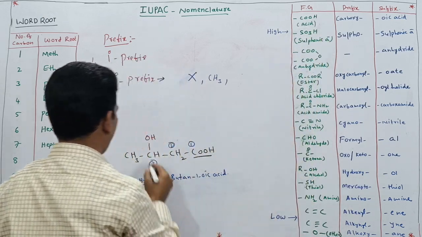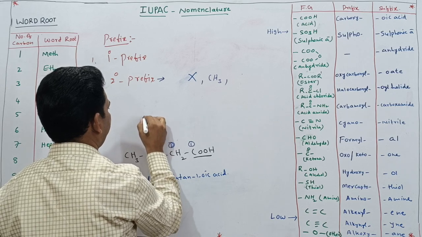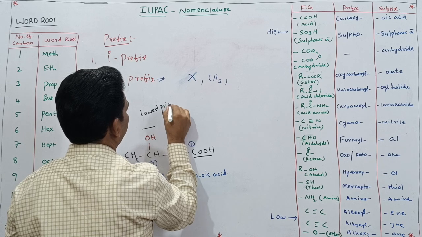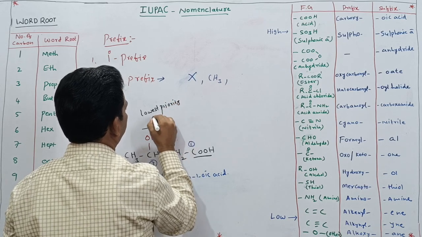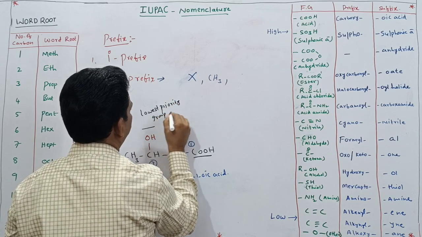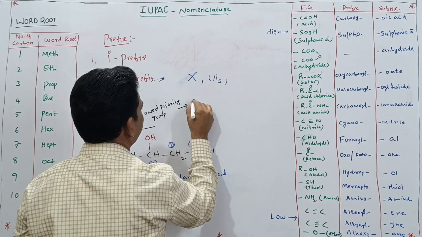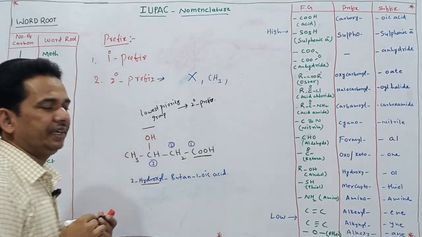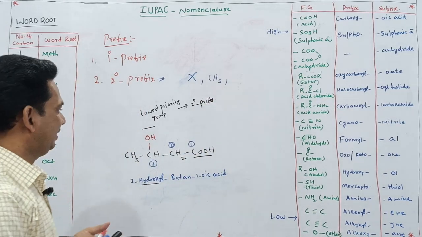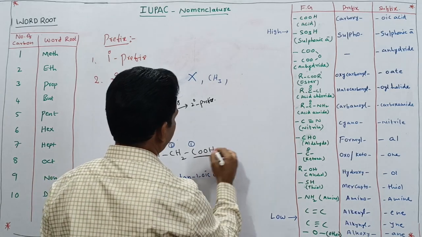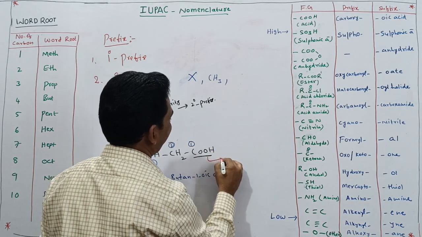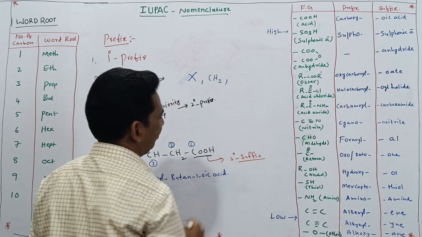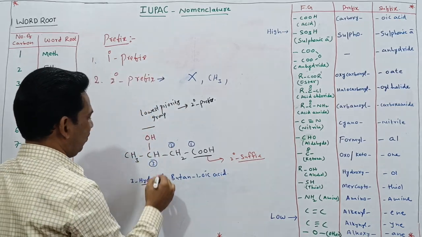Just remember, the lowest priority group we write as the secondary prefix. The group having the highest priority, we write as the secondary suffix, not the prefix, suffix, which comes after the word root.